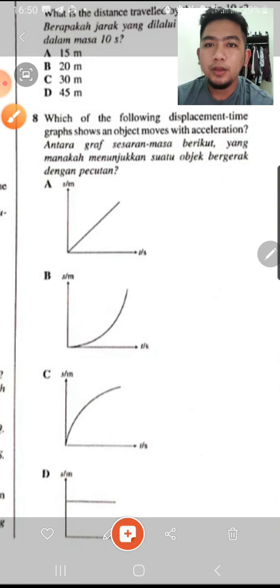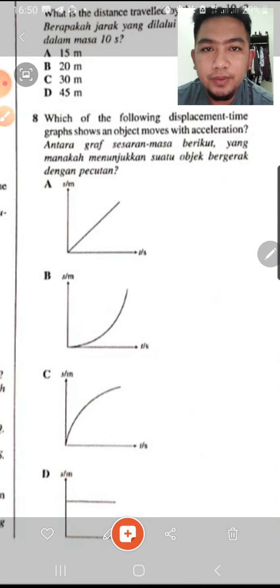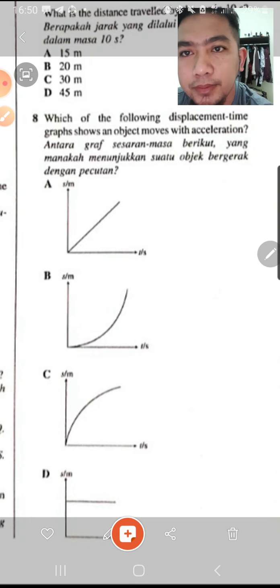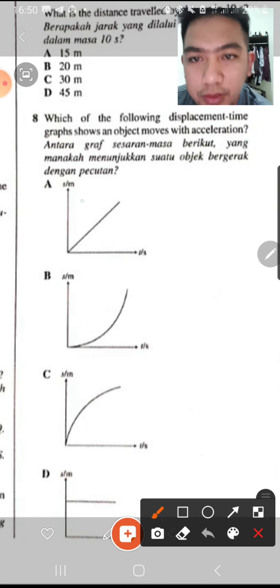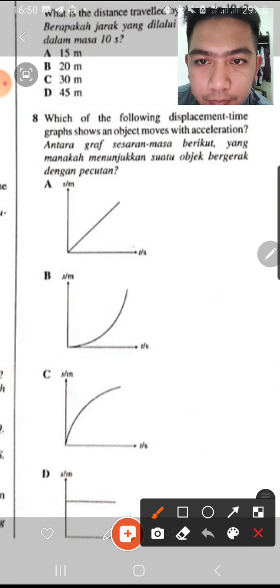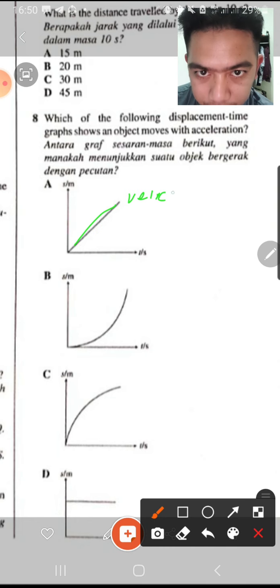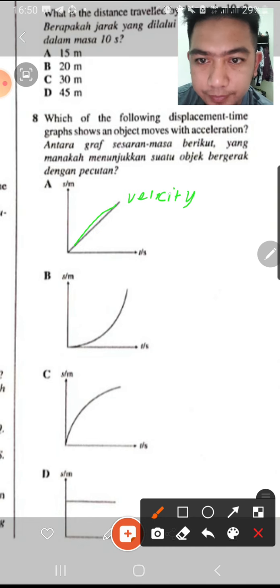Question 8. Which of the following displacement time graphs shows an object with acceleration? Okay, acceleration. So this one is displacement over time, right? So it means the gradient refers to velocity. This is constant velocity. Okay, increasing velocity.